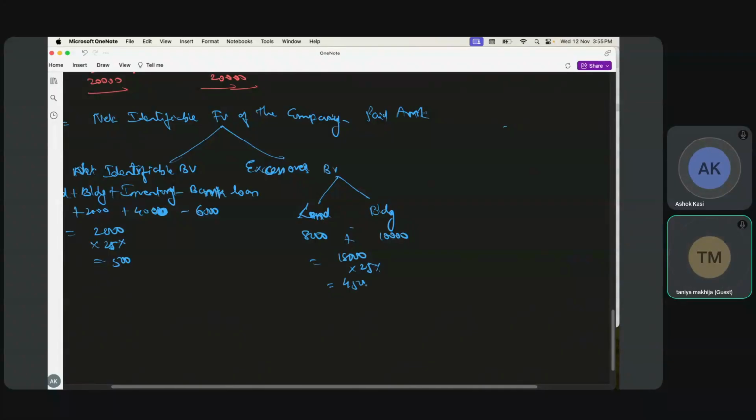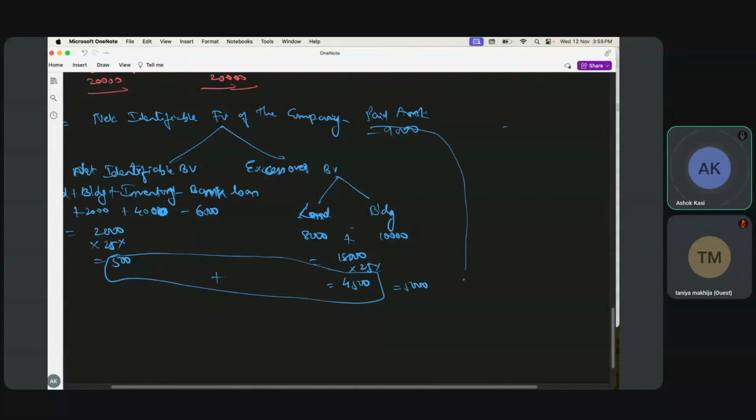This 18,000 also we have our share of only 25%, which is 4,500. That means overall we are supposed to pay 5,000. But we paid how much? 9,000. So 9,000 minus 5,000 comes to 4,000 extra.